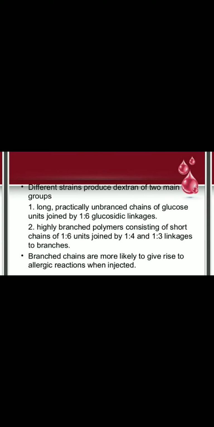Different strains produce dextran of two main groups. The bacteria used in this preparation have different strains, and due to that there are two main groups. The first one is a long, practically unbranched chain of glucose units joined by 1:6 glucosidic linkage, and the second one is a highly branched polymer, which has a chain of 1:6 units joined by 1:4 and 1:3 linkage to branch.